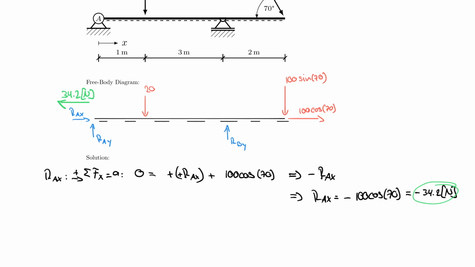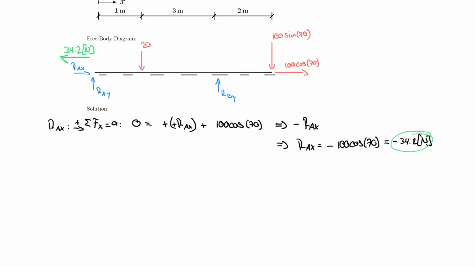All right, the same is true for all the other equilibrium equations. Let's go ahead and solve those. So let's, for example, find RAY, which is the sum of the moments about point B being equal to 0, counterclockwise positive, and then 0 is equal to, I always start with my unknown, which is negative because it turns clockwise in this case, minus RAY times 4 meters, that's 3 plus 1, right?